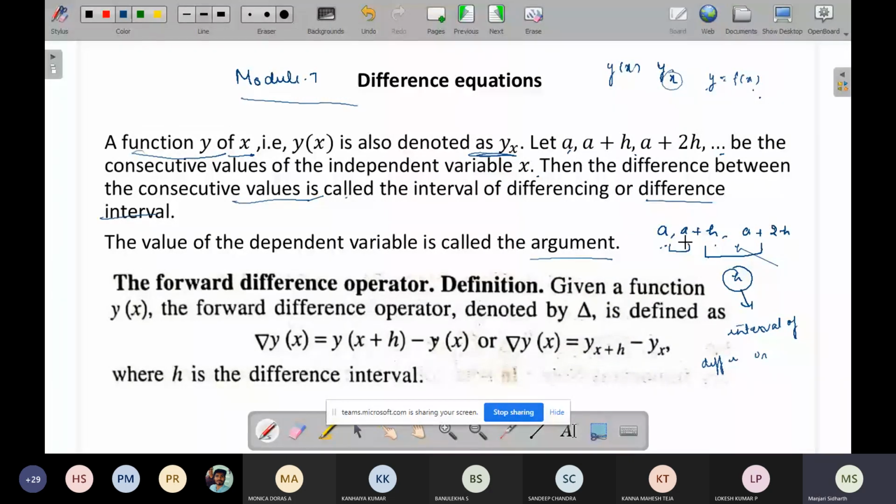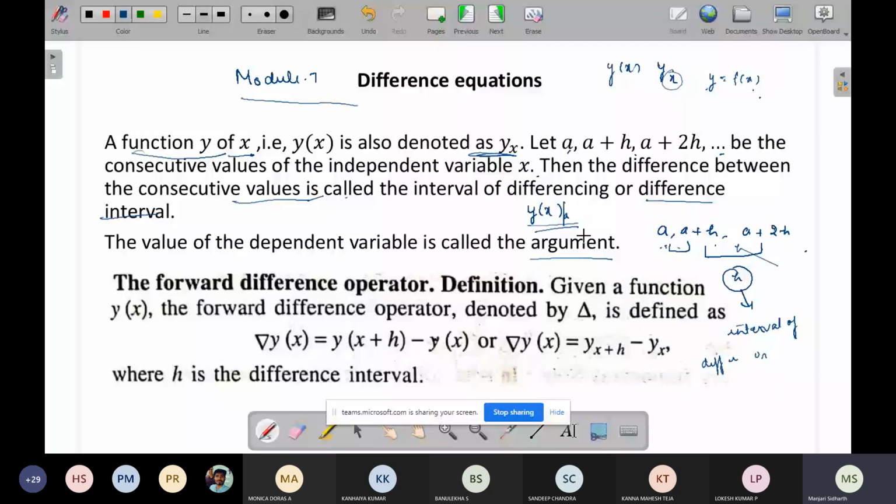Now the value of the independent variable is called the argument. Now see, these are the values of x. That means if we are finding the value at x equals a, we just call it the argument, then a plus h, a plus 2h, right?